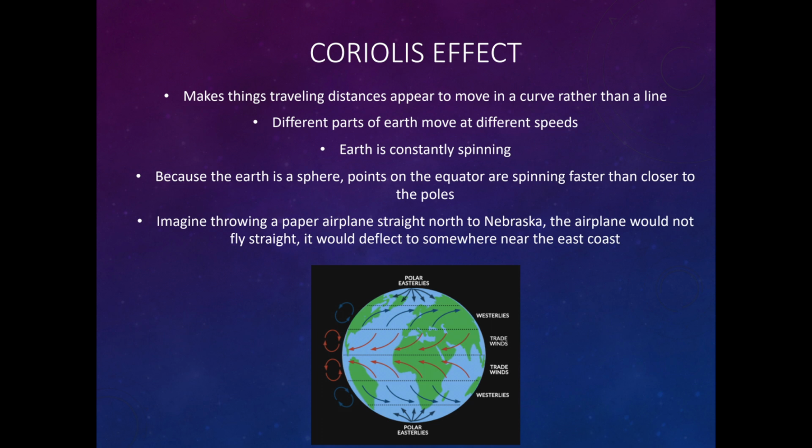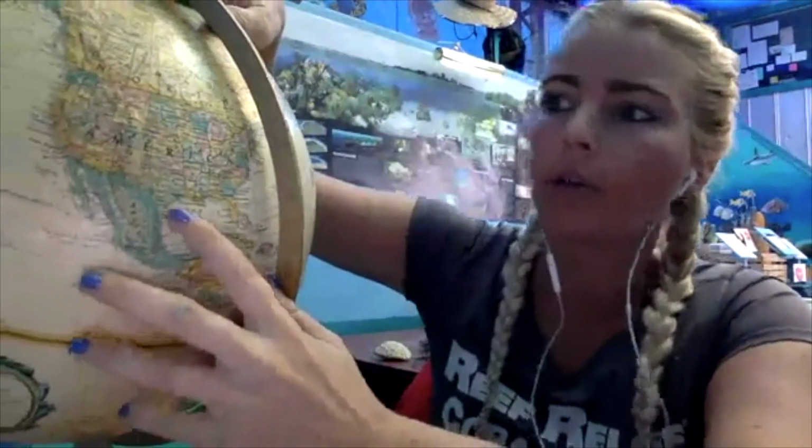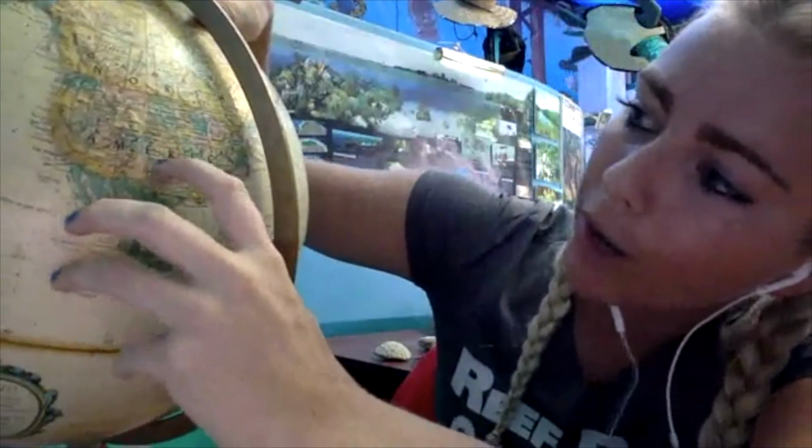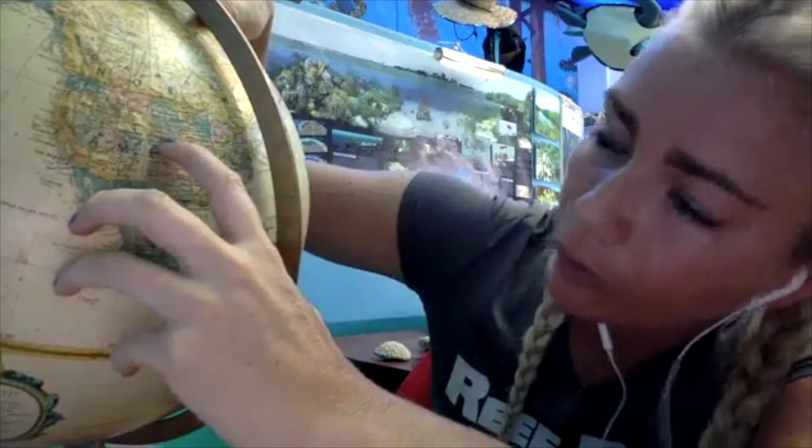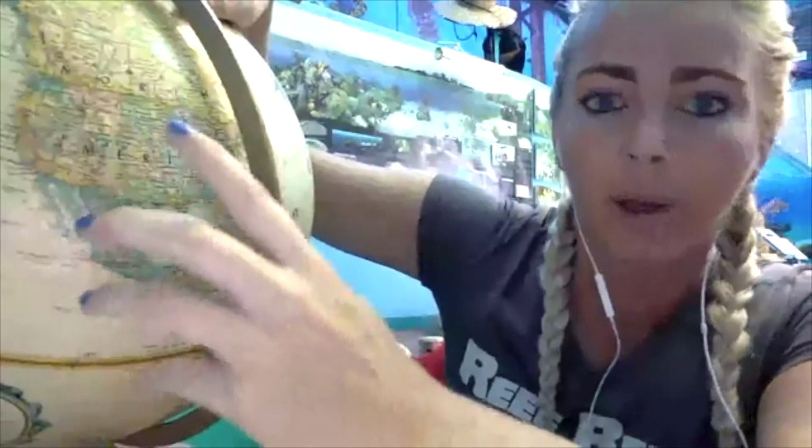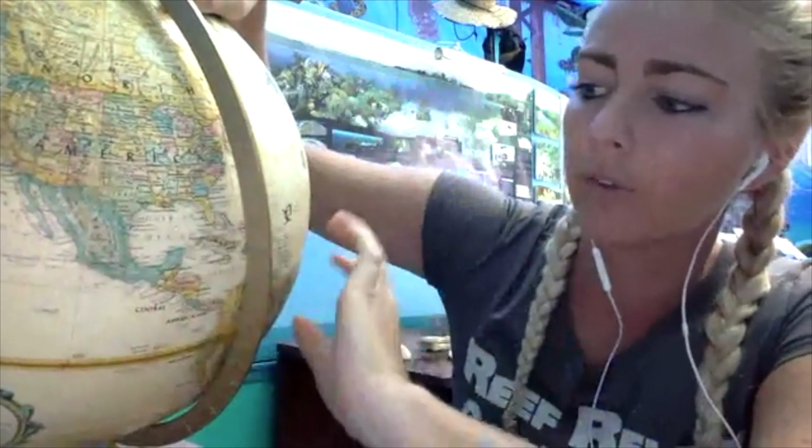An example that I saw is, say you're right here in Texas, it's kind of hard to see, and you throw a paper plane, you would imagine it would go straight up right here into Nebraska. But because our Earth is constantly spinning, and guys, certain parts of the Earth are spinning faster than others because we're a sphere, we're a circle.